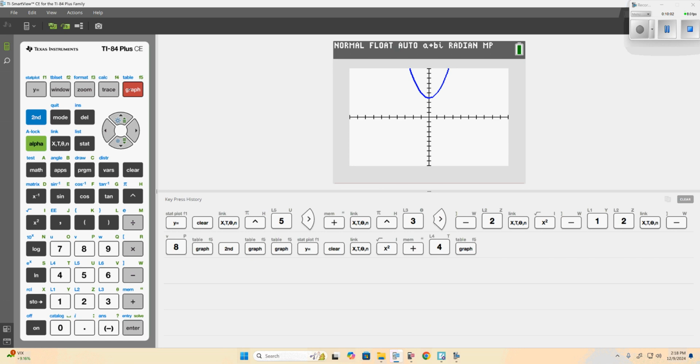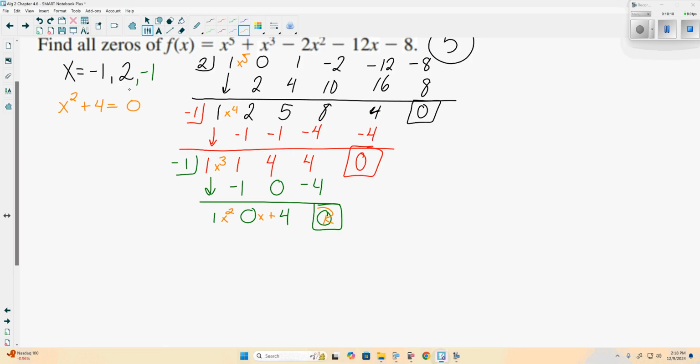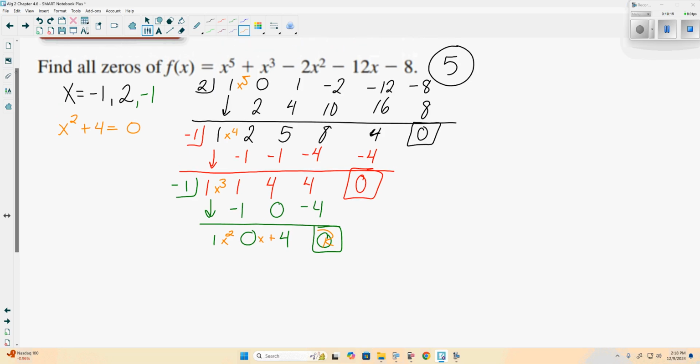Does it cross the x-axis? No. In August, a few months ago, we would just say no real solutions. But we actually have ways to solve this here. It's just that the solutions are not real numbers.